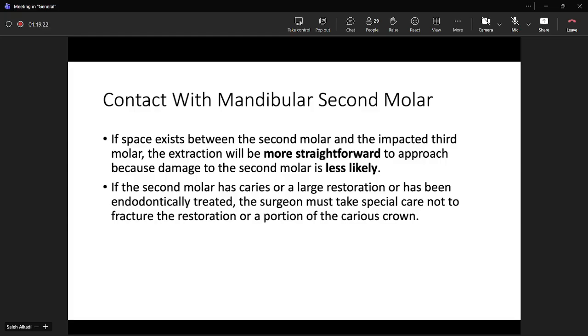But if the mesial root of the impacted tooth is very close to the lower second molar, you need to be careful not to damage the lower second molar. So this is a difficult extraction. Same scenario if the second molar has caries, a large restoration, or is endodontically treated, then sometimes there is a chance of displacing this large restoration or crown, or fracturing the root. So this will create a difficulty.